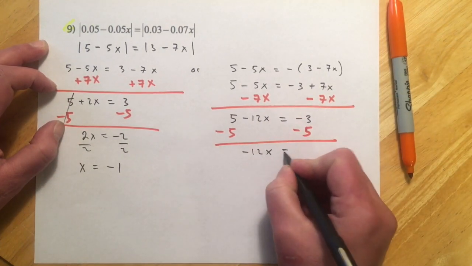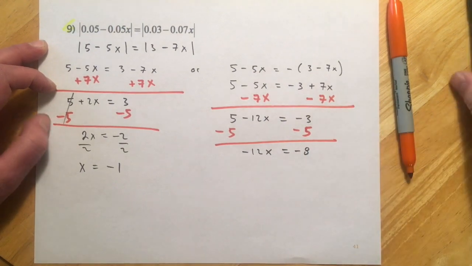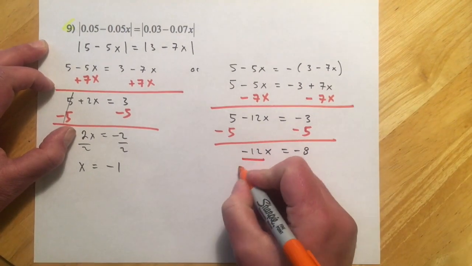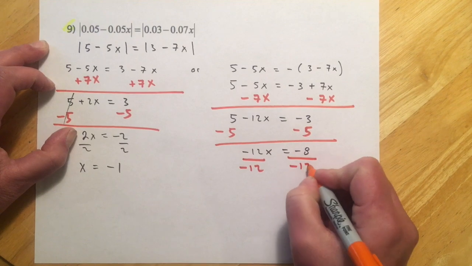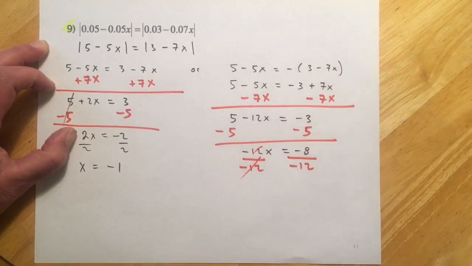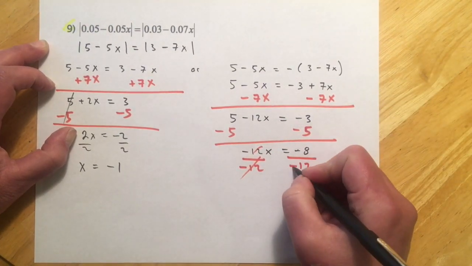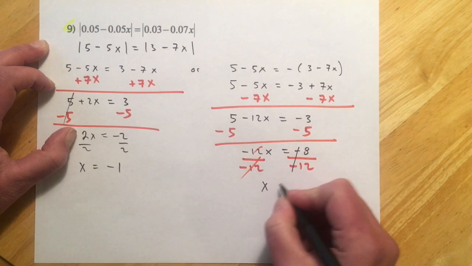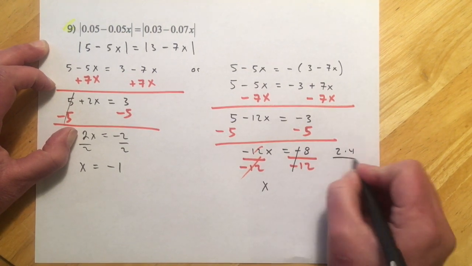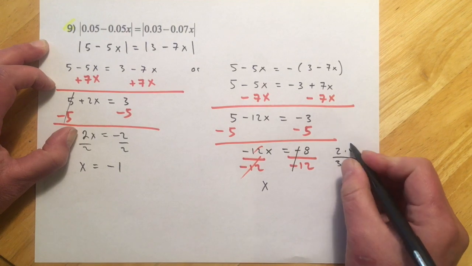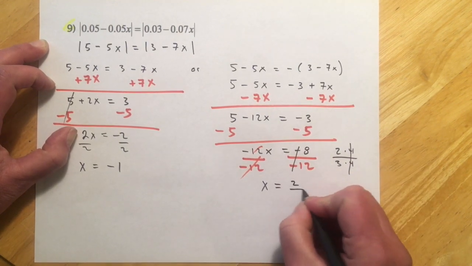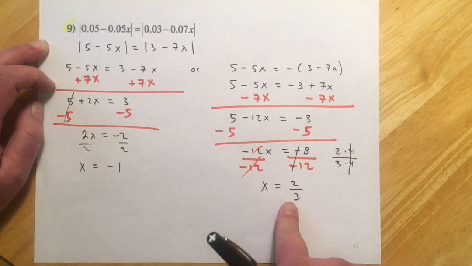Negative 12x equals negative 8. And then I'll divide the negative 12 from both sides. Negative over negative would be positive. And then I'll reduce the fraction. This is 2 times 4. This is 3 times 4. Knock out those 4s. And this side gets us x equals 2/3.